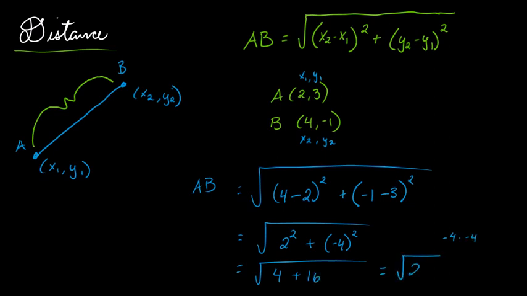That is equal to the square root of 20. And the directions might ask you to round to the nearest tenth, and that would come out to 4.47, rounding to the nearest tenth would be 4.5.